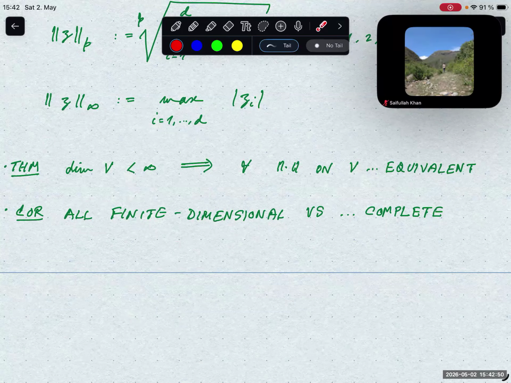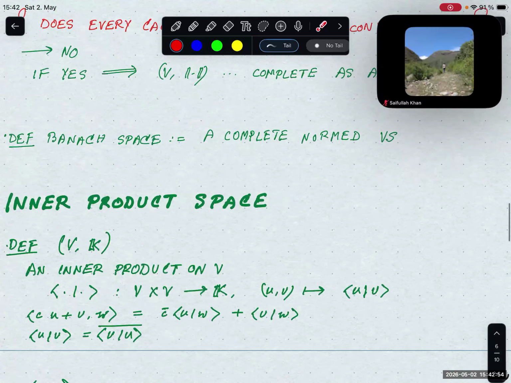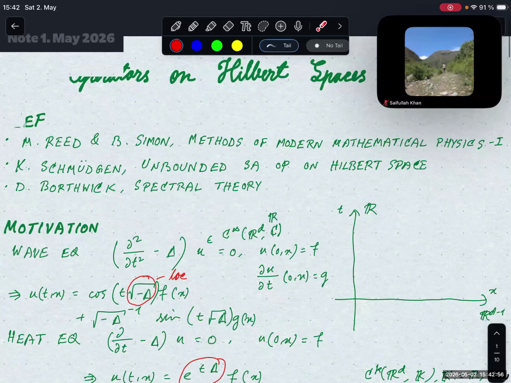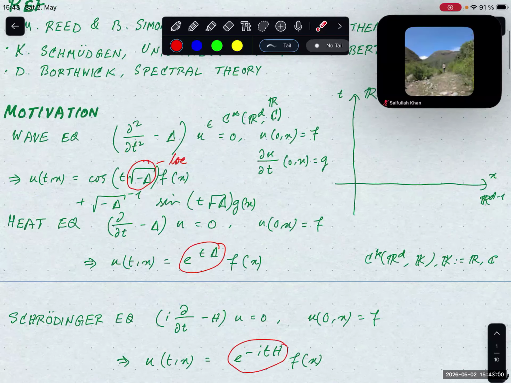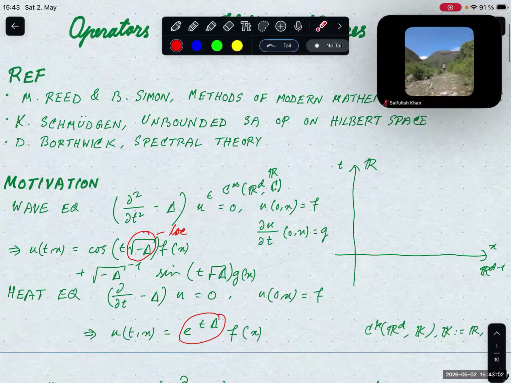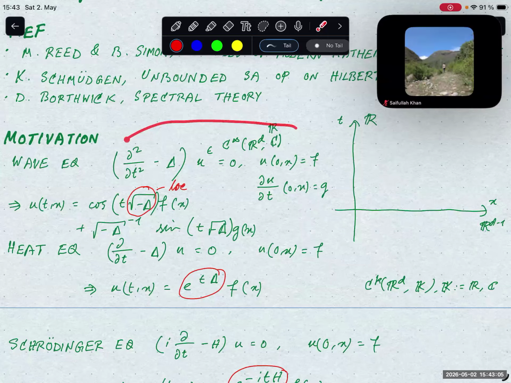So let's go there. Here, this is the wave equation, and this is the solution. And if you ask what is the dimension of the solution space, you will see it's infinite dimensional.